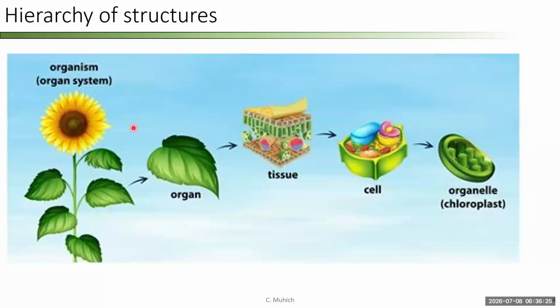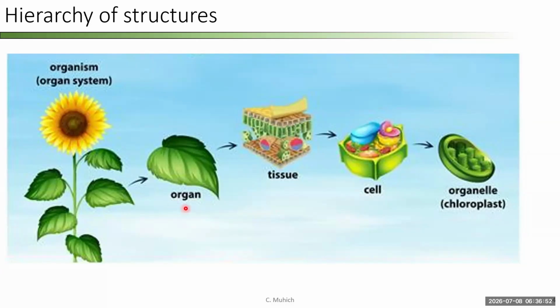Okay, so now that we have a broad overview of the types of plants, I want to talk briefly about the hierarchy in structures that we have in plants, and this extends, of course, to other life kingdoms such as animals and fungi. So we start with an organism, which is a system of organs, and those each have different organs.